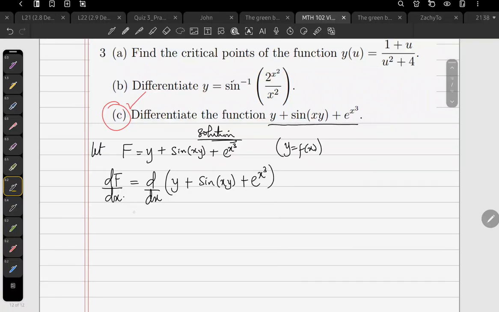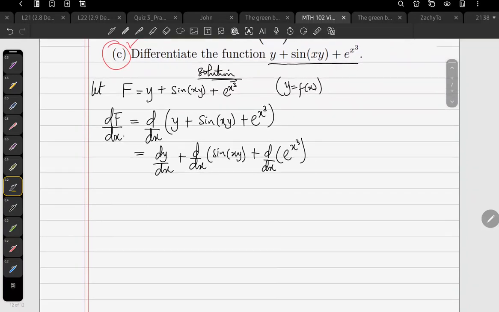And we know the sum rule: the derivative of a sum is the sum of the derivatives. So this means we are going to get dy/dx plus d/dx of sine xy plus d/dx of e to the power of x cubed.